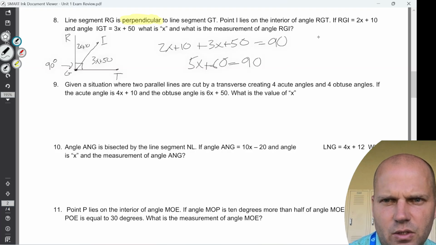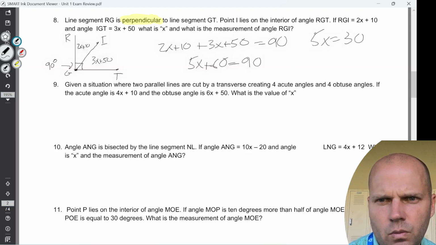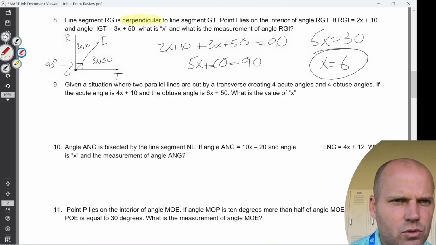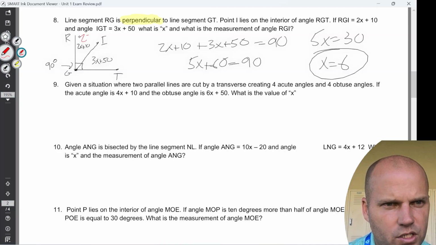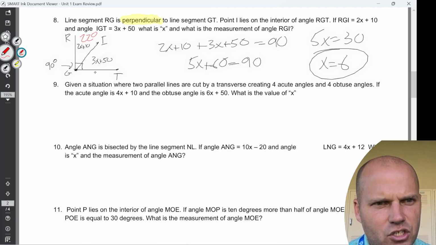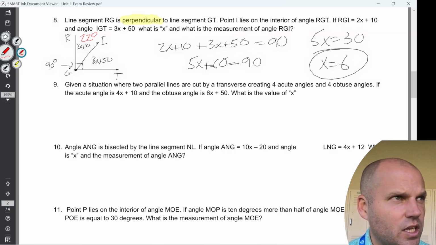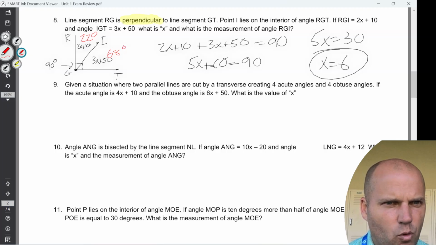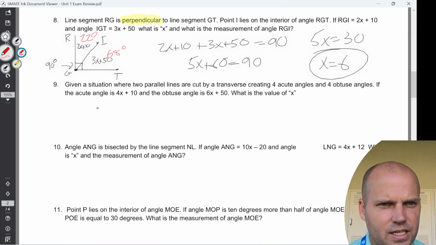We'll get 5x is equal to 30. We'll get x is equal to 6. That gives us that RGI, which is 2 times 6 plus 10, is 22. And then IGT is 3 times 6, which is 18, plus 50, which is 68. Does that work out? 68 plus 22 is 90.